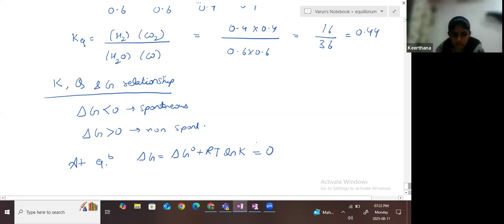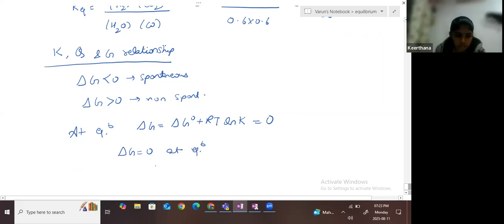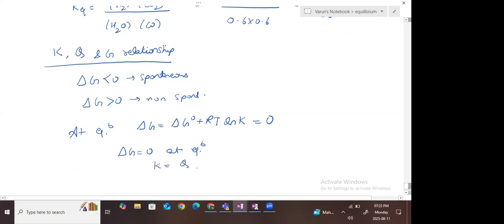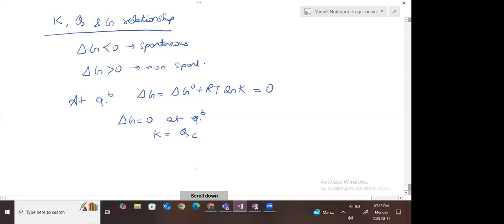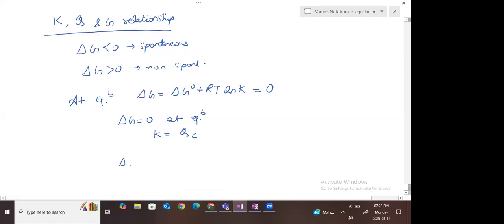I know that at equilibrium my K is equal to Qc. So I can write my delta G naught is equal to minus RT ln K, as my delta G is 0.